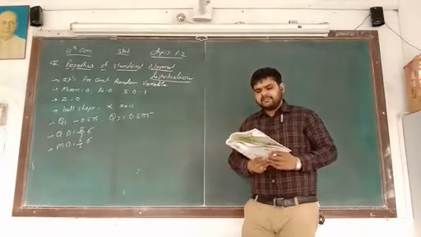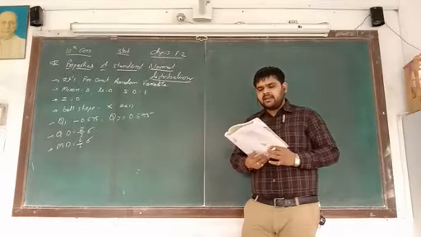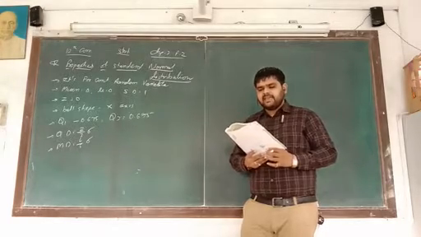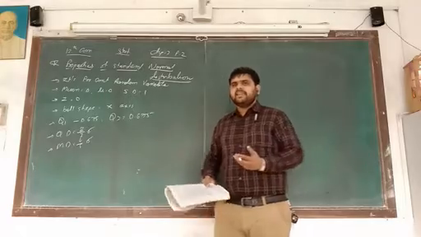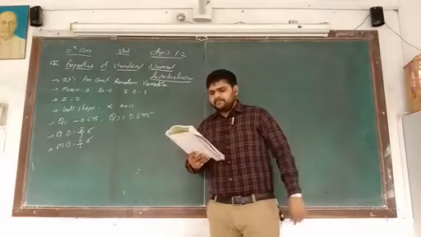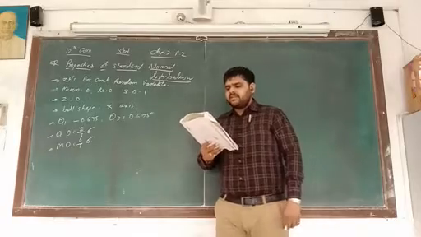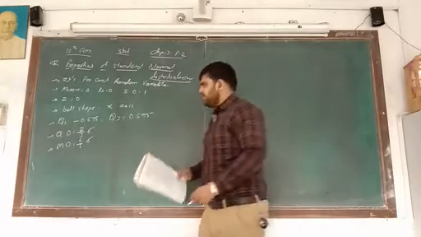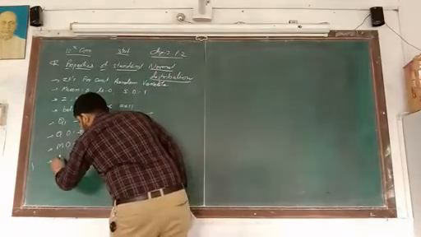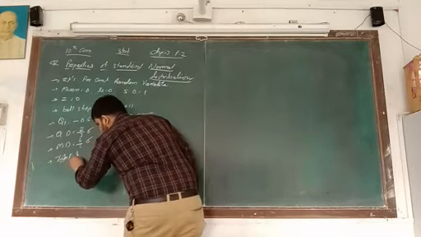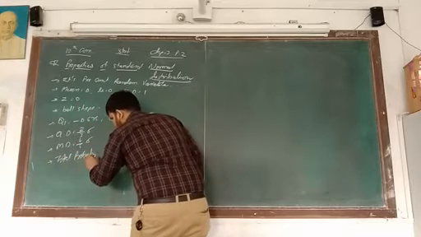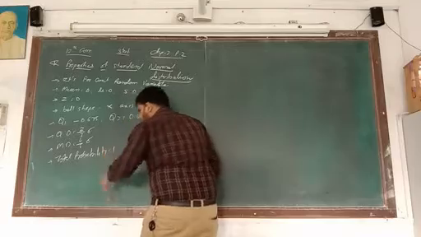Next, important areas under the normal curve are as below. Number 1, the total area under the normal curve is 1. As we know, the total probability is equal to 1.